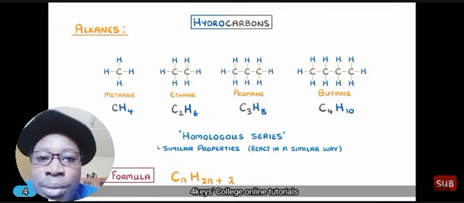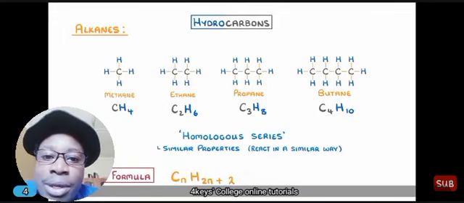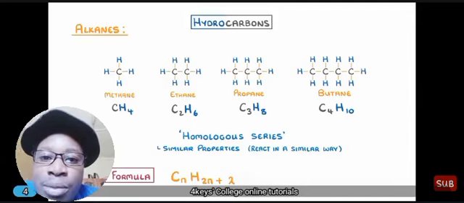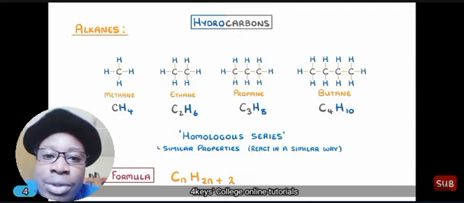So alkanes are hydrocarbons in the sense that they are made up of hydrogen and carbon only. They also have a general formula which gives you the ratio of carbons and hydrogens that are in each molecule. Like we said, it's a homologous series, and our molecules are getting bigger by one carbon each.